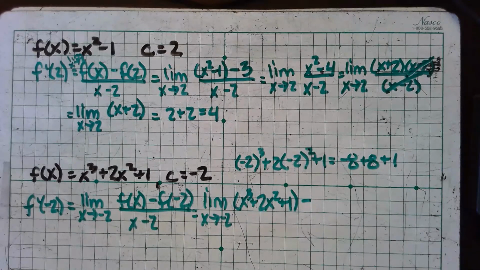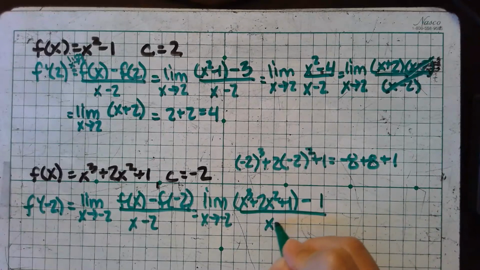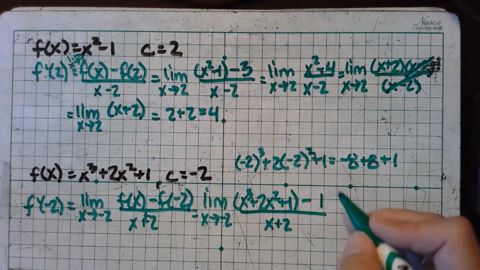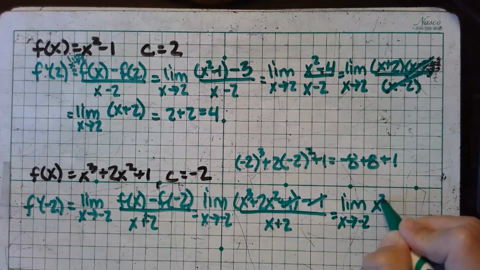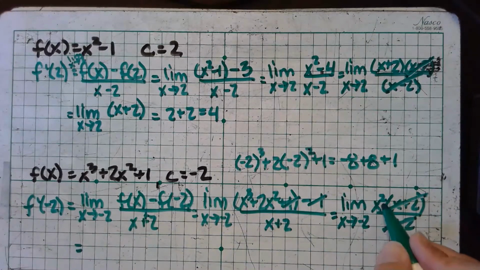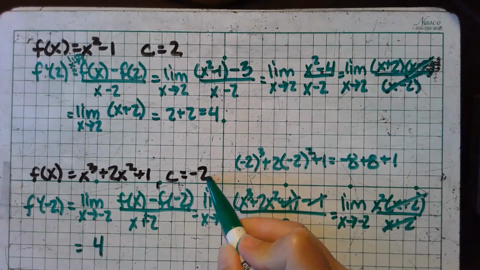So that just gives me 1 right there. And I messed up right here because it's supposed to be negative 2, so that turns into a plus right there. Here you'll notice the 1's cancel, and an x squared actually factors out. Then you'll notice that your x plus 2's cancel. So when I plug in negative 2 into x squared, I get positive 4 again. So the slope of the tangent line at x equals negative 2 is 4.